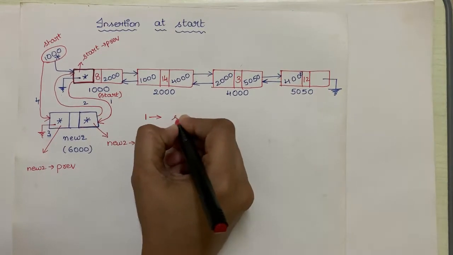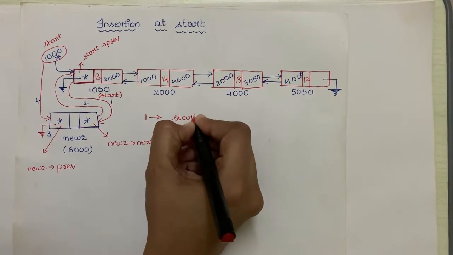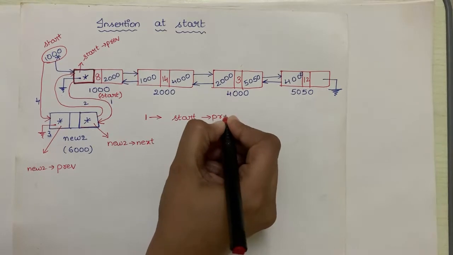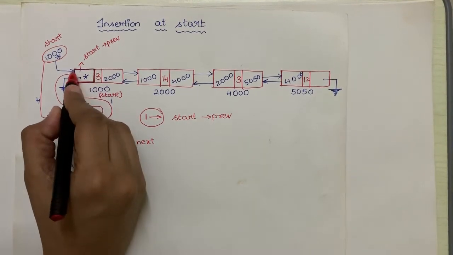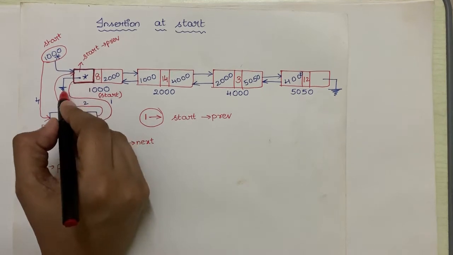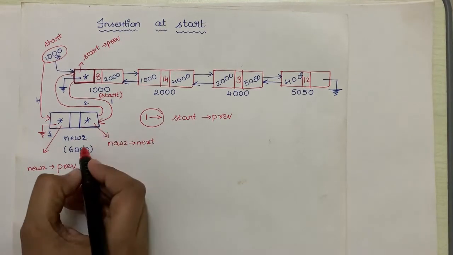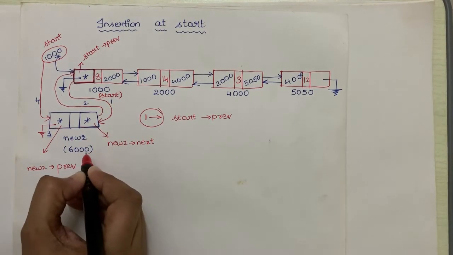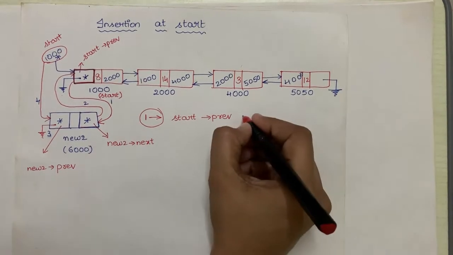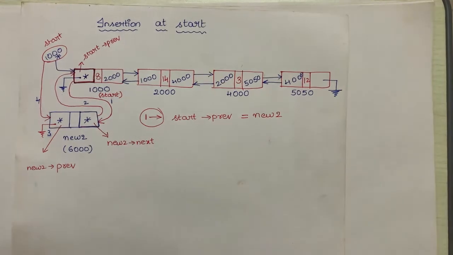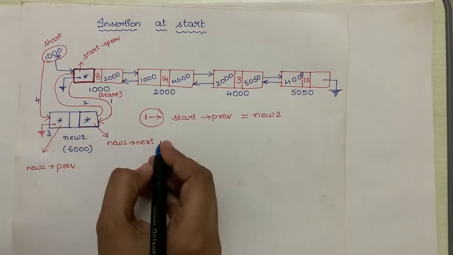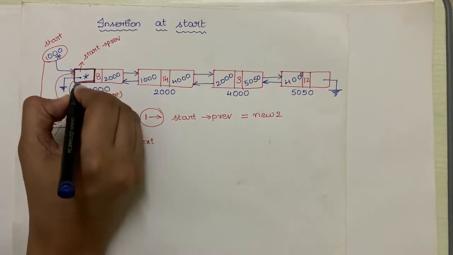So start previous should store the address of its previous node. The address of the previous node is 6000. The name of 6000 is new2. So start previous is equal to new2. Now, this field has been updated.